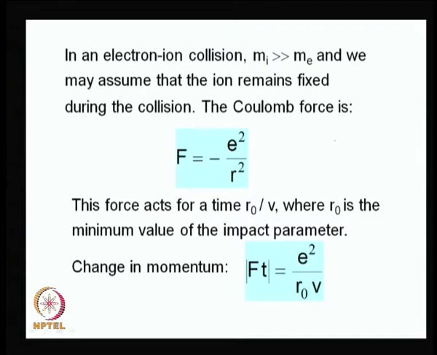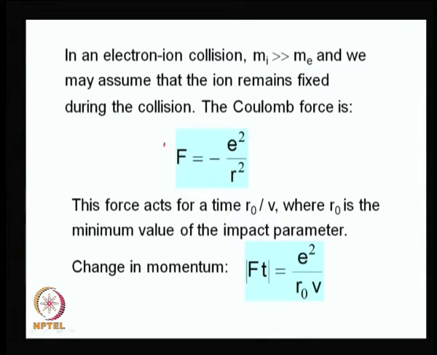Now, in an electron-ion collision, the mass of the ion is much larger than the mass of the electron, so we can assume that the center of mass is at the ion and the ion remains almost fixed during the collision. The Coulomb force is simply between the two, if we do not take the atomic number into account.